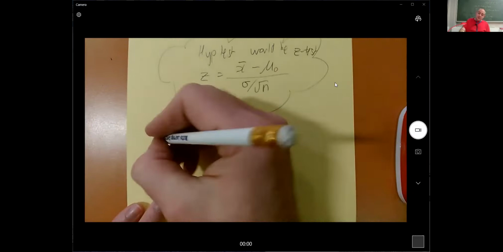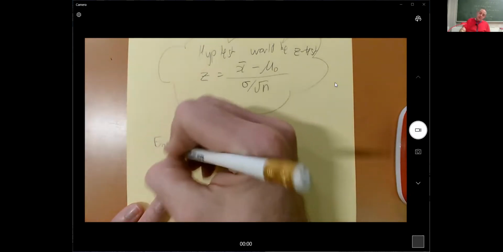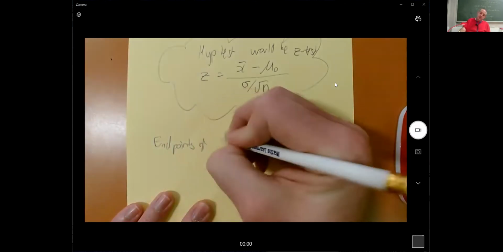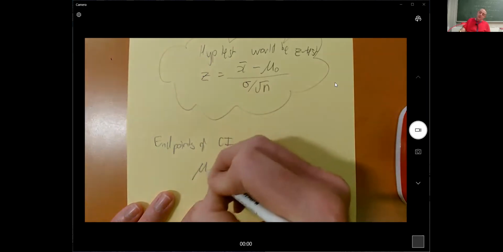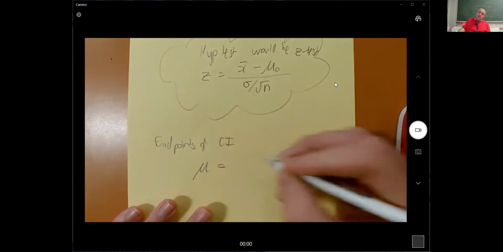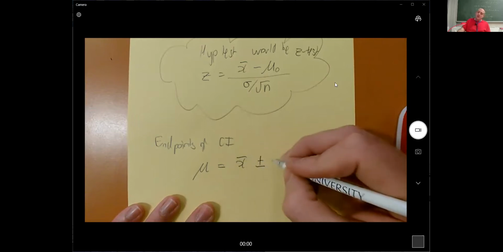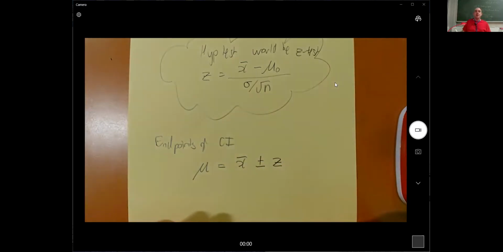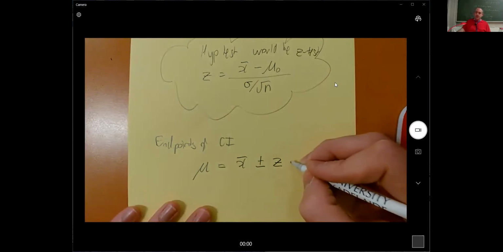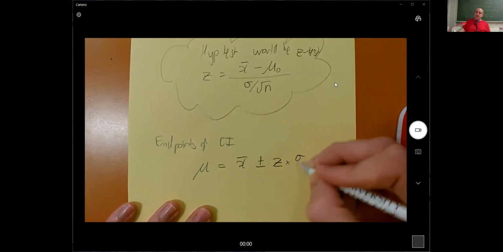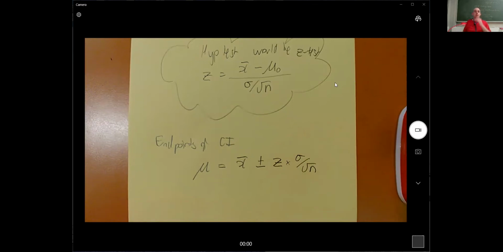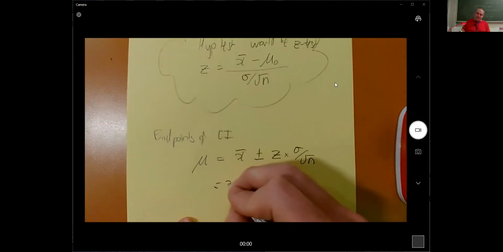So the endpoints of the confidence interval will be mu, and it'll be the x bar plus or minus the correct value of z times sigma on root n. And so we know what this number is, it's 30.